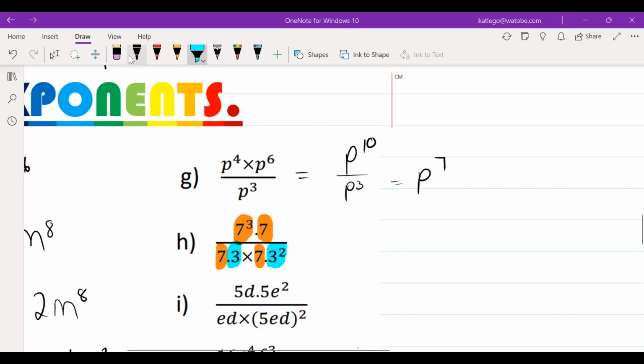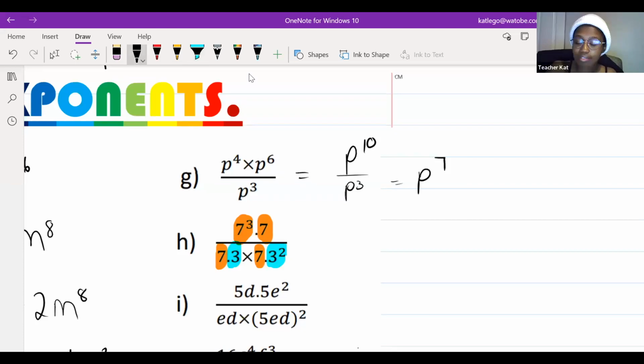Remember, when you're dividing, what do you do to the exponents? You subtract. So it's 10 minus the 3 in the denominator. It's okay. There we go. Now Jasmine is with us and we can move forward.